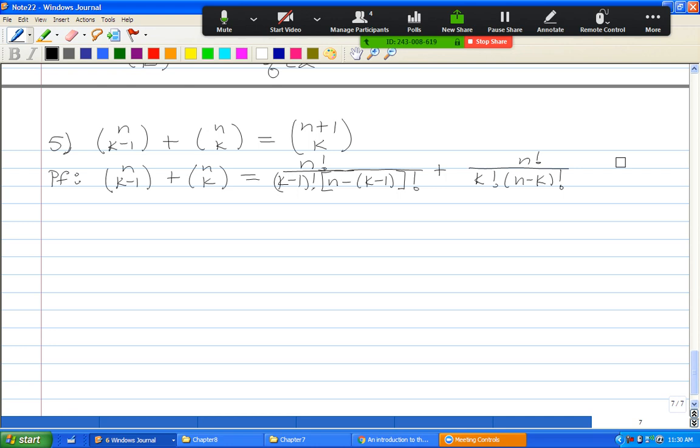So this is equal to, well, the way to add these is to get a common denominator. Well, let me simplify this first. Maybe I'll write this as n plus 1 minus k factorial.